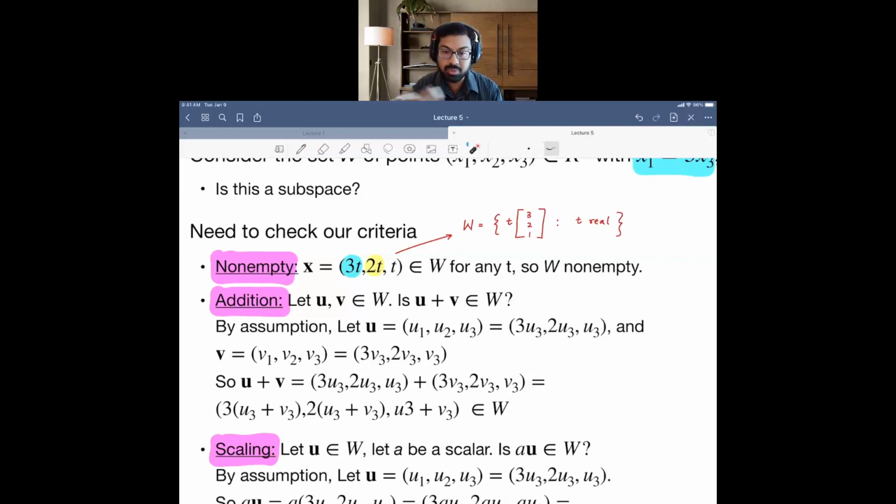So if you pick t to be 1, 2, 3, we will get some vectors. So that's non-empty. So we have checked that. Let me just put a tick mark over there. Yes, it satisfies.